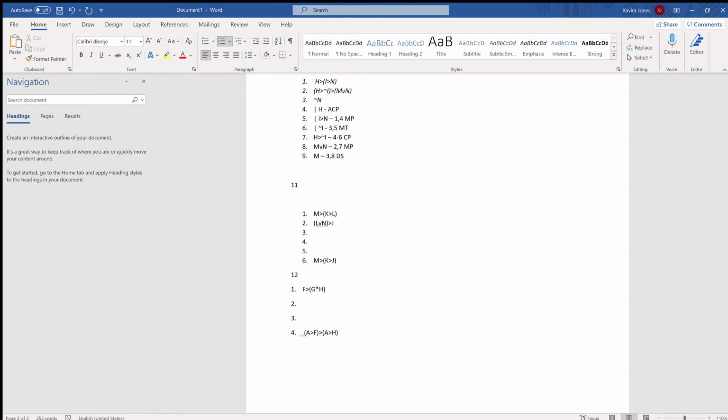Okay, so considering that we're using an embedded thing, I'm tempted to say M as our original assumed conditional proof.